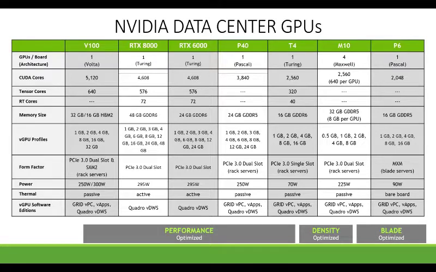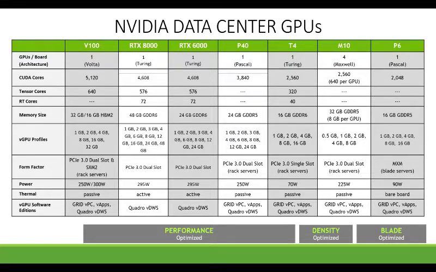Those customers typically require a lot of frame buffer. So that's why you see the RTX 8000 having 48 gigabytes of frame buffer, whereas the RTX 6000 has 24 gigabytes of frame buffer. If you just look at all the other specs between those two cards, you will see they're basically the same. So think about it as the same card, just one has more frame buffer for those customers that need the additional frame buffer, right?